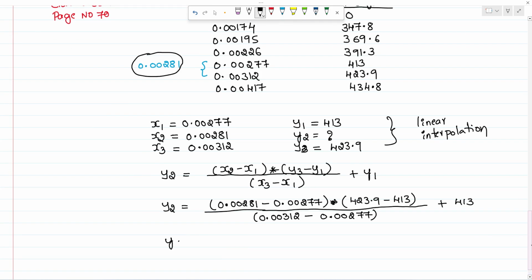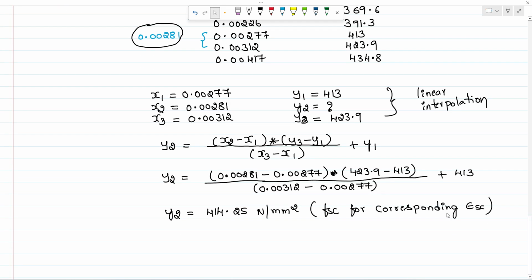So y2 equals 414.25. It is the stress, and the unit will be Newton per mm square. So this is FSC for the corresponding epsilon SC. Okay, so next.